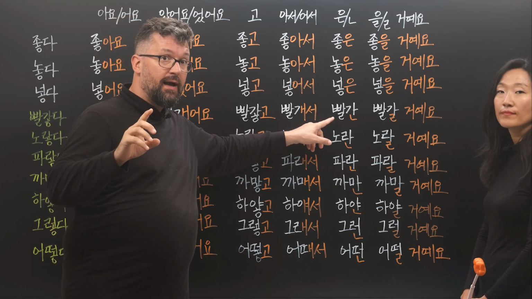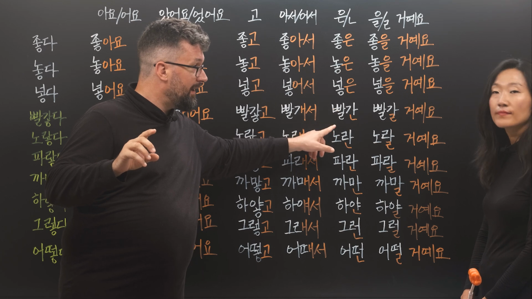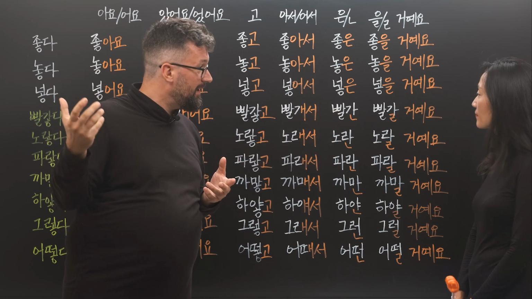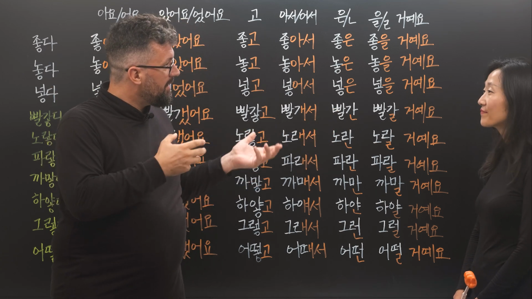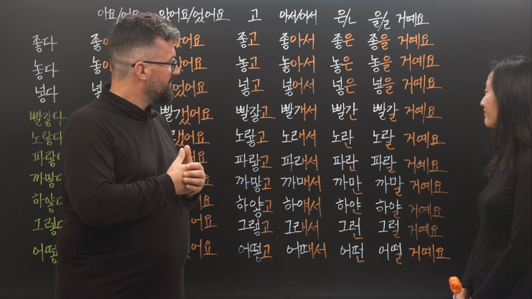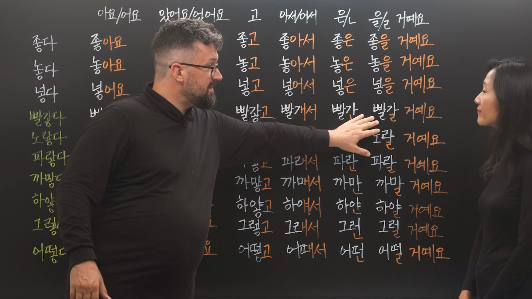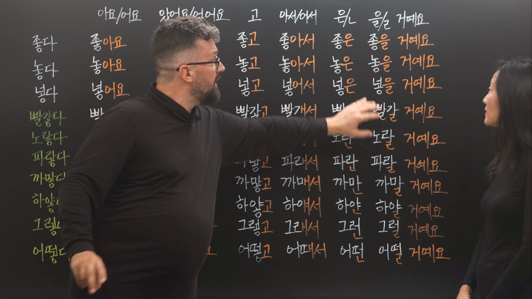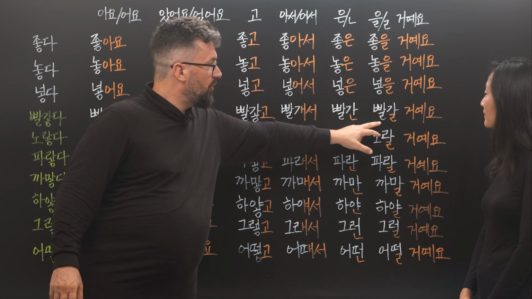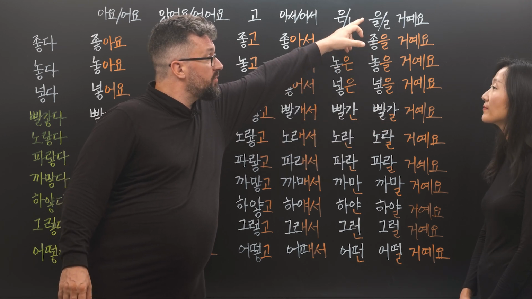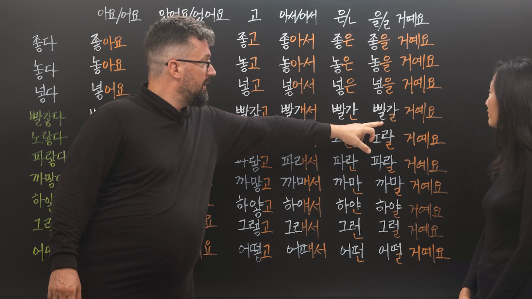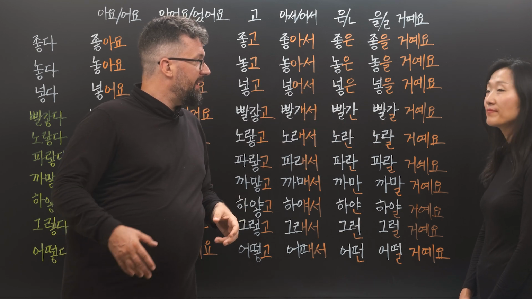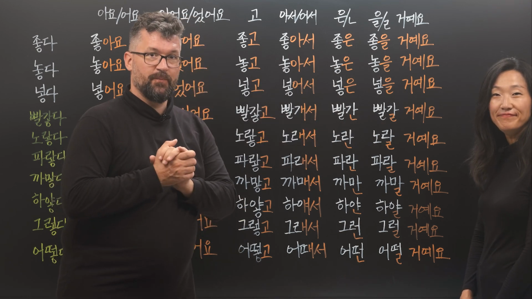And we learned how we can put the color in front of the noun for color and make it color red. Yes. And then with the future tense, the second rule also applies, right? So ㅎ is removed, and then 으 is also removed from 을 거예요, and it becomes 빨갈 거예요.